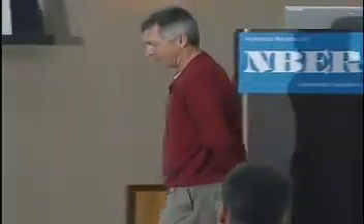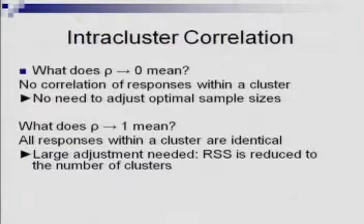So essentially, I need to think about how many clusters I have, how many people I have in each cluster, and what the intracluster correlation coefficient is equal to. That will dictate how many observations I need in this particular setting. Let's think intuitively.